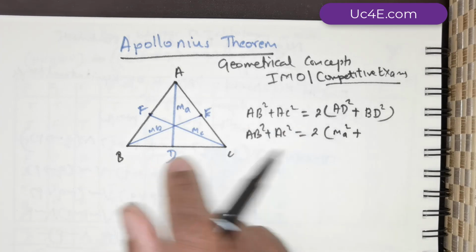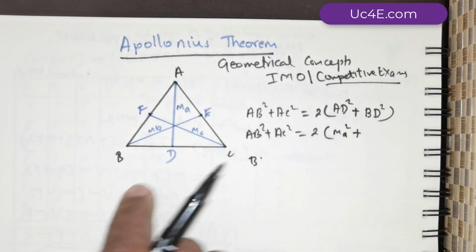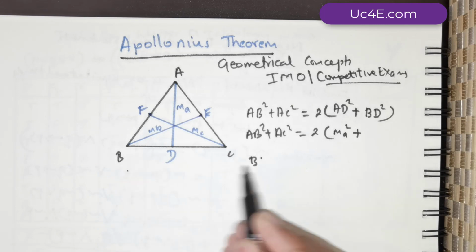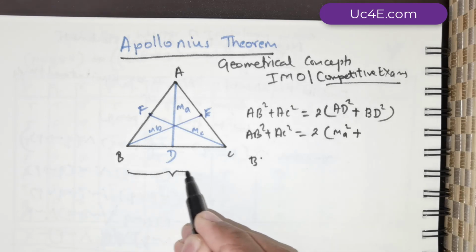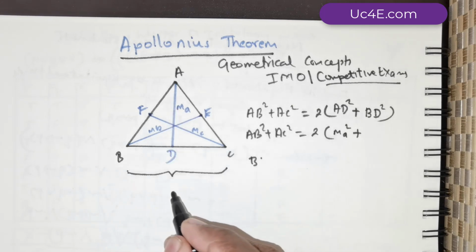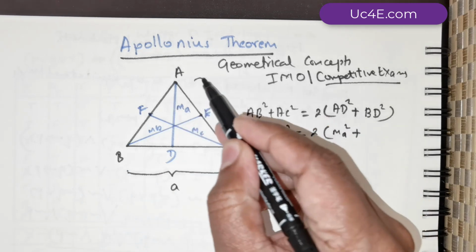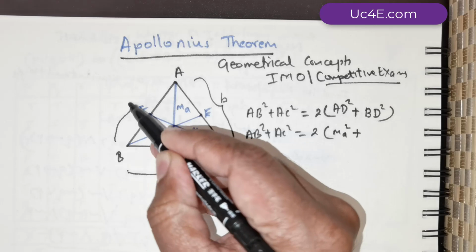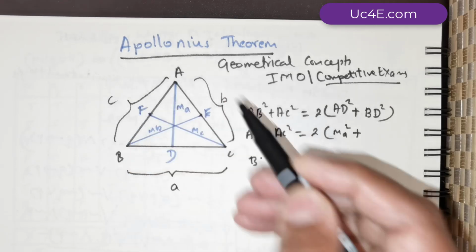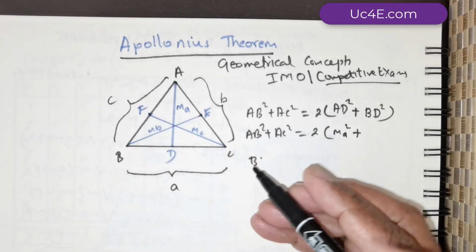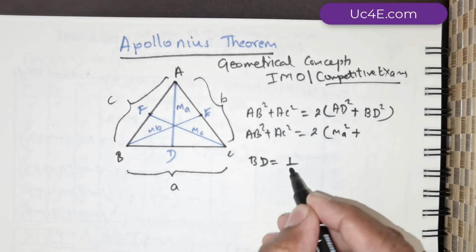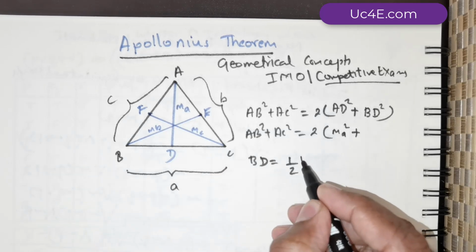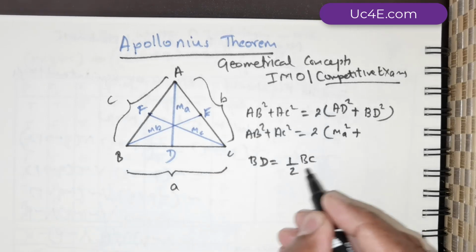Now BD, what is BD? If I were to take the lengths of the sides as A here, B for this one, and C for this one, then BD will be equal to half of BC. But what is BC?